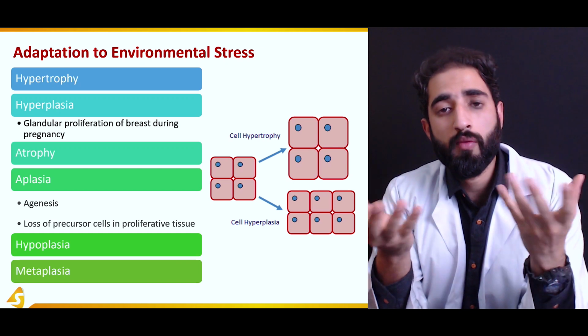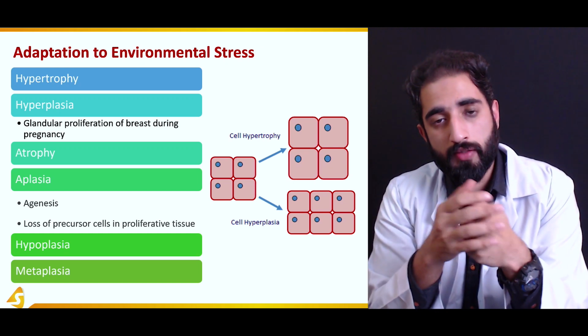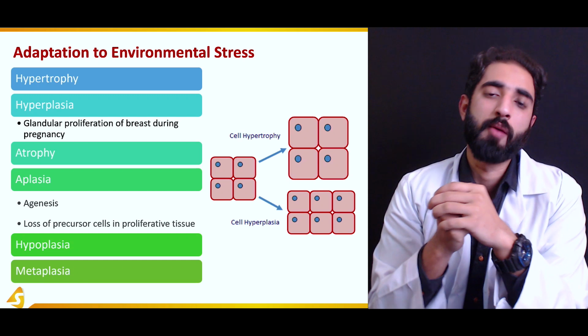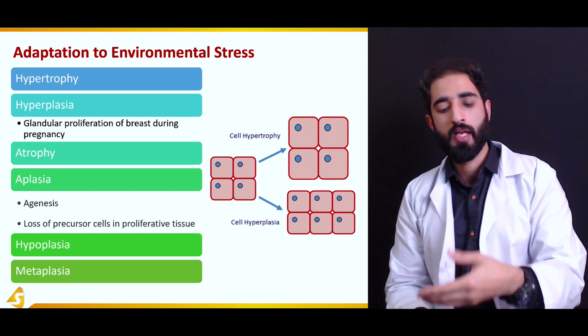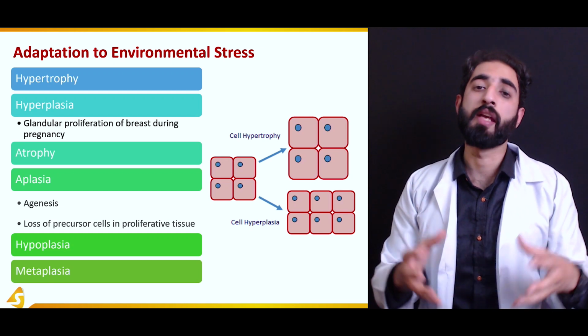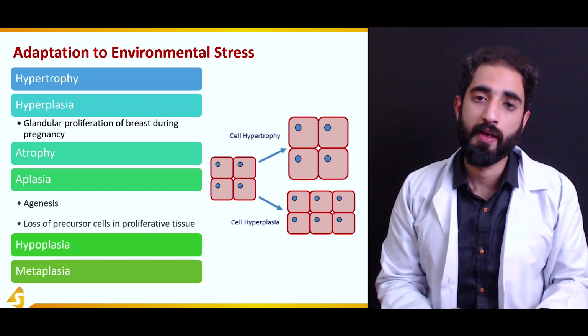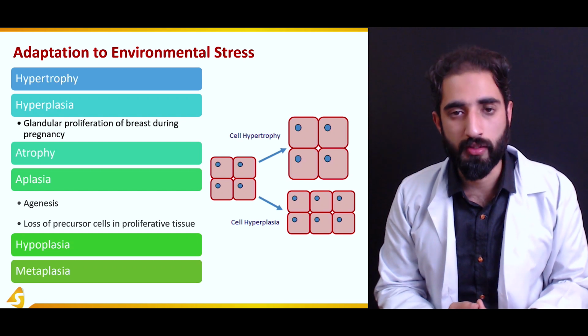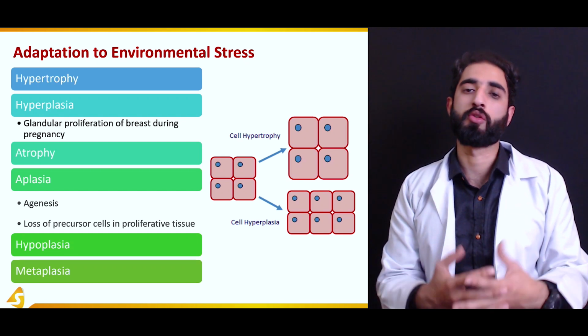So one of the stimuli, for example, let's take the example of hypertrophy. What is hypertrophy? Hypertrophy is actually the increase in the size of the cells. Let's take the example of a muscle cell, for example the biceps.